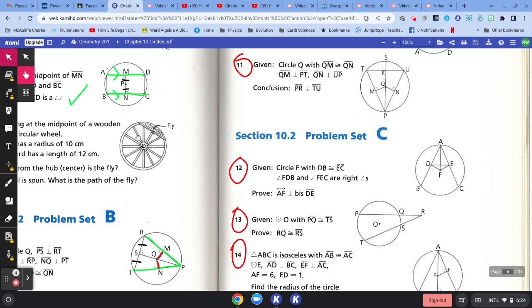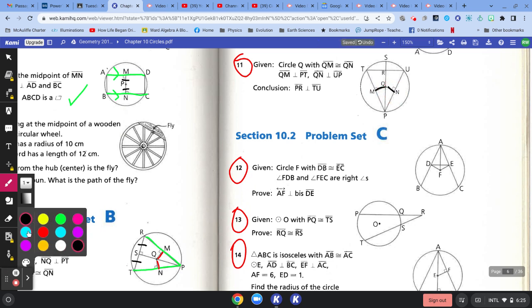So let's label the things that we've been given. We've been told that QM and QN are congruent. So that's useful to know. We've also been told that they are perpendicular to TP and UP.